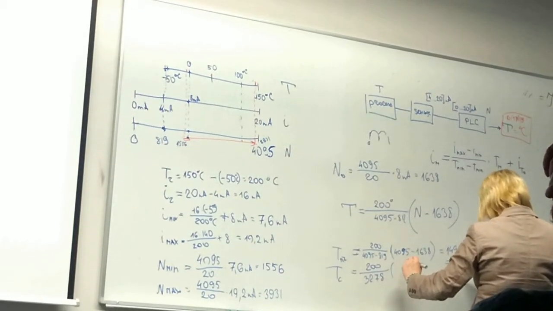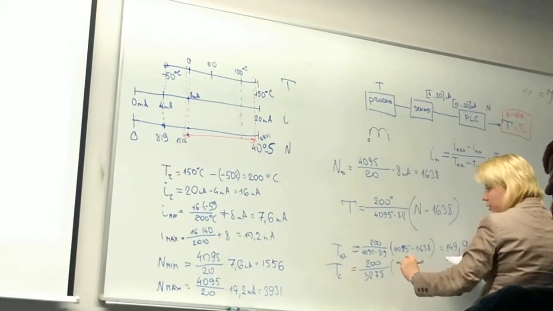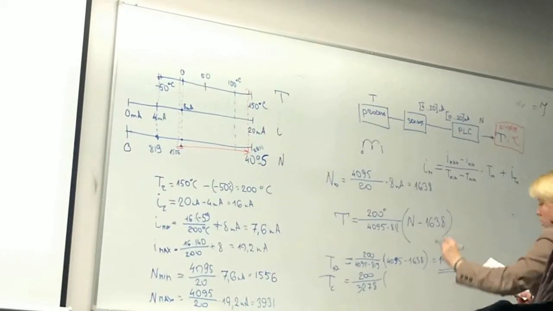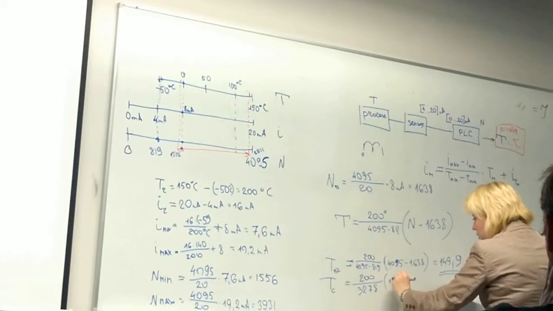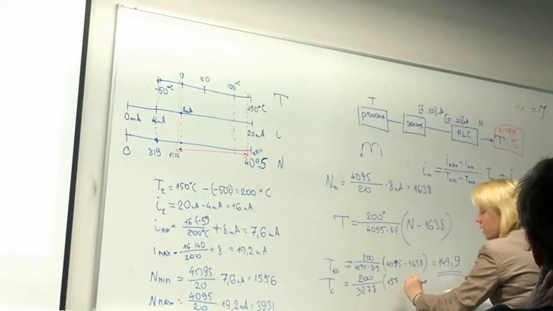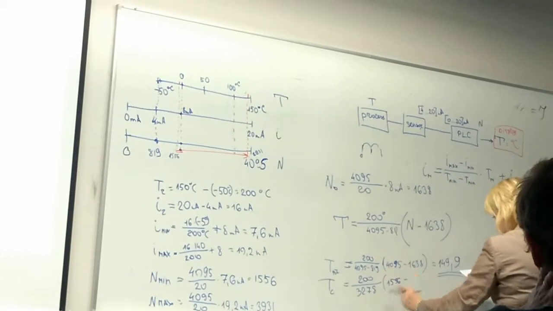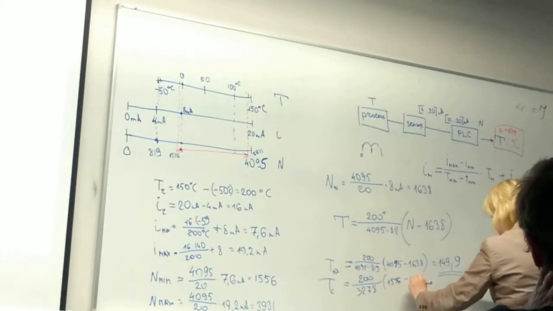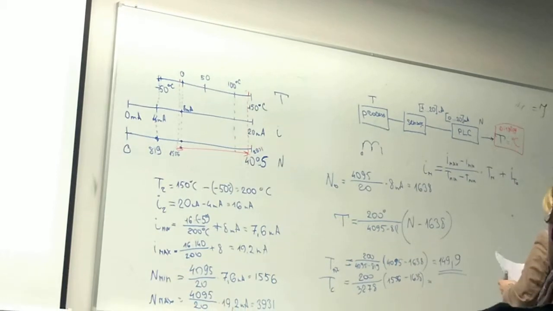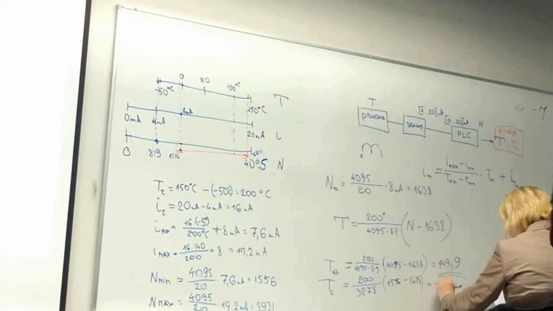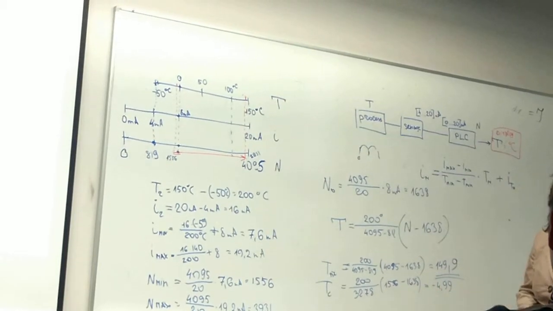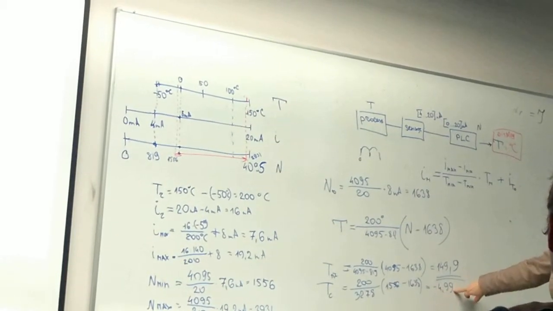For our process, if we take the minimal value, for example 1556 minus this value, we will obtain minus 4.99. So almost what we need.